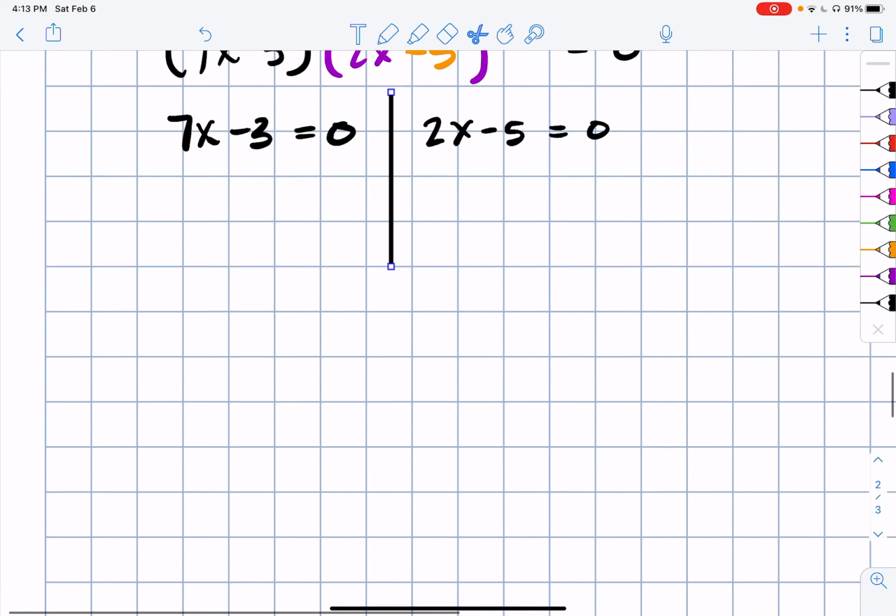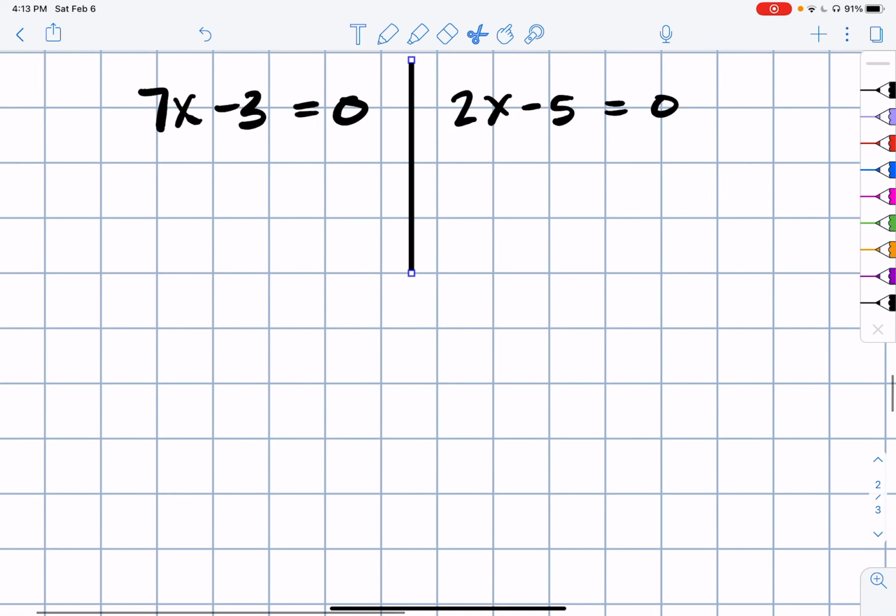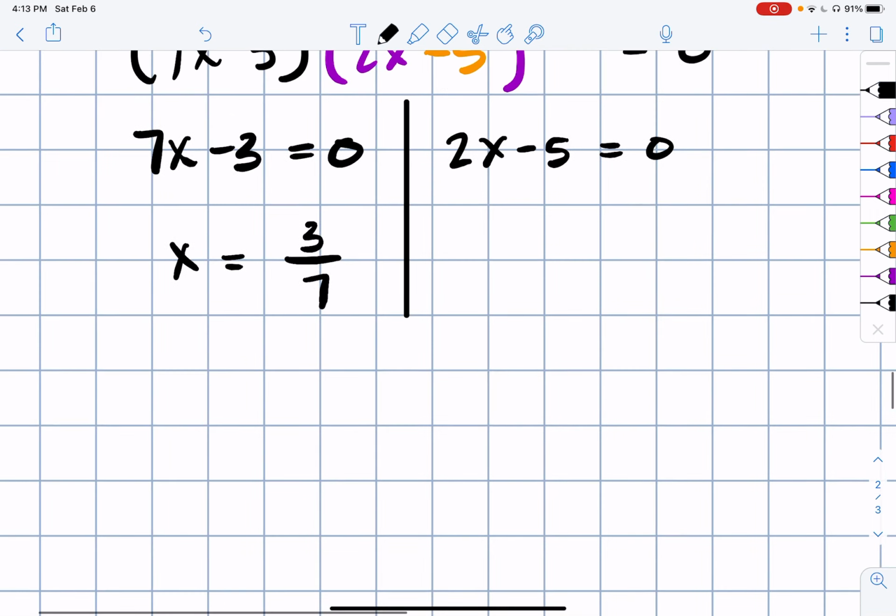When I solve for this, it's going back to your 8th grade year where you had to get x by itself. So to get x by itself, you add 3 and divide by 7. So here I'll have x is equal to 3 over 7. For the one on the right, I would add 5 and divide by 2. So I got x is equal to 5 halves.